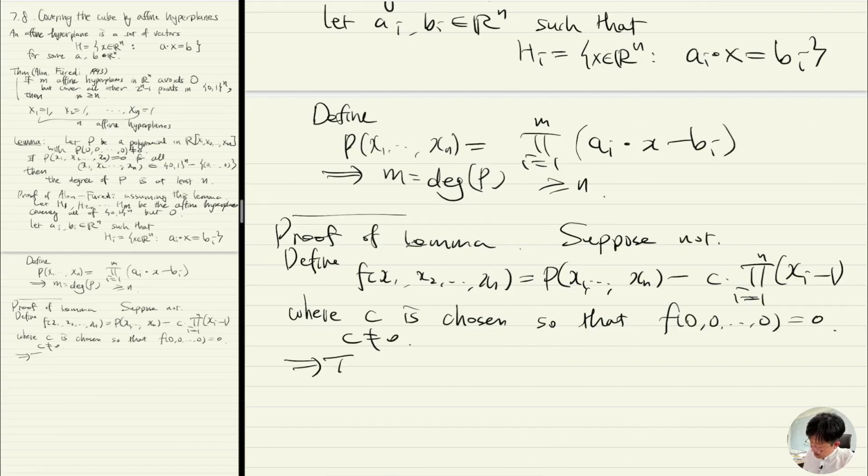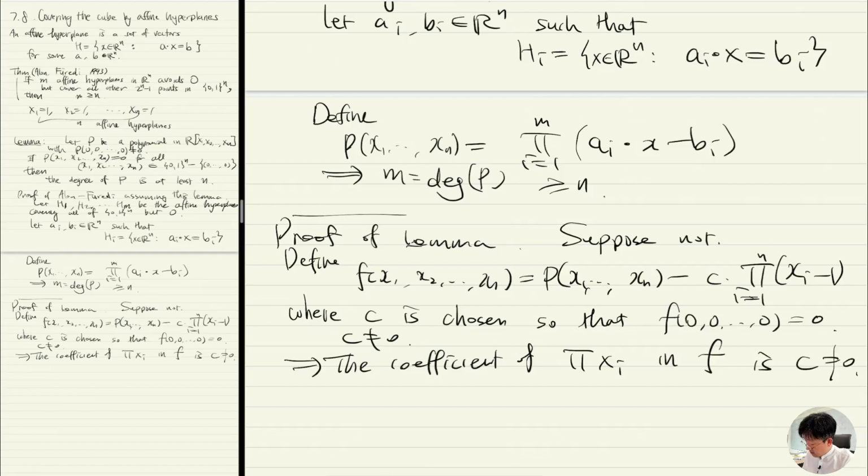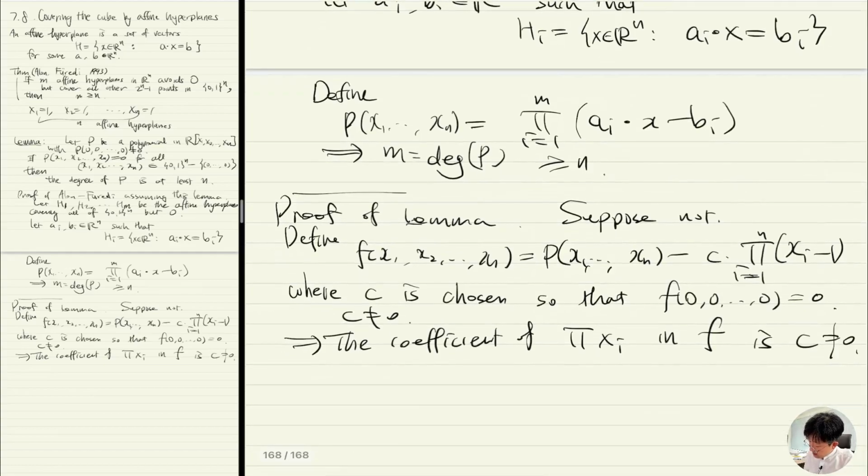So this means that the coefficient of the product of the xi in f is c, which is non-zero. This is because the degree of P is less than n, because we are assuming that m is less than n, so you never have a term like this over here.